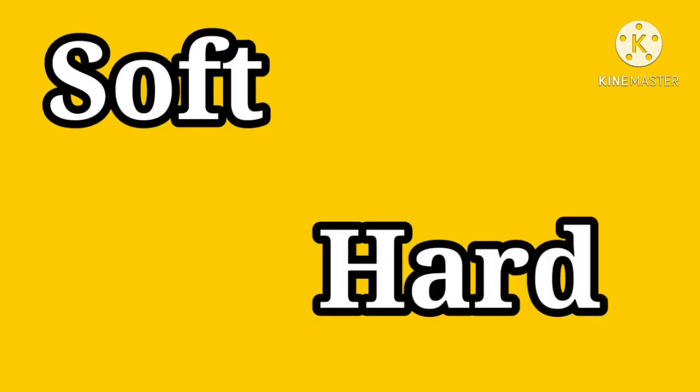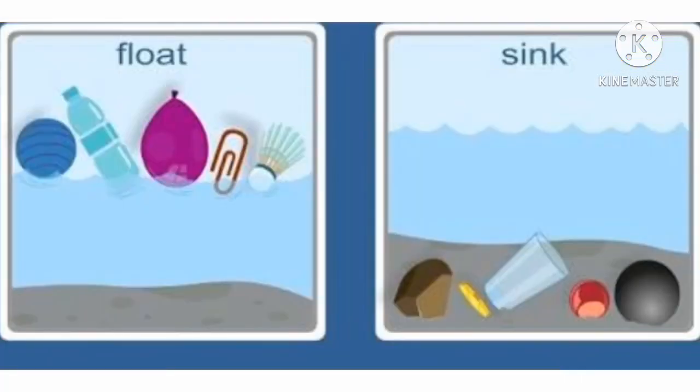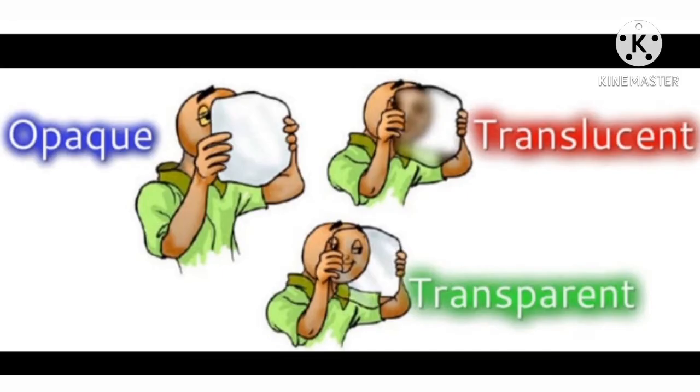Some materials are soluble in water and some are insoluble in water. Some materials float on water and some sink in water. Some materials are transparent, some are translucent and some are opaque.